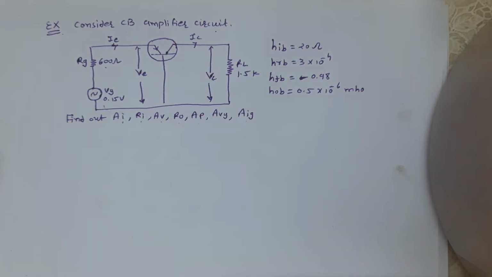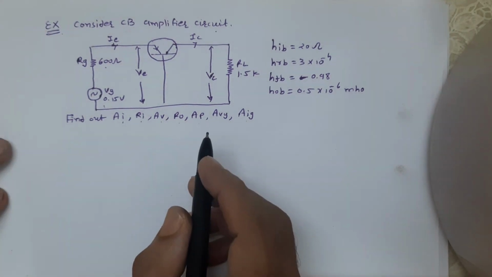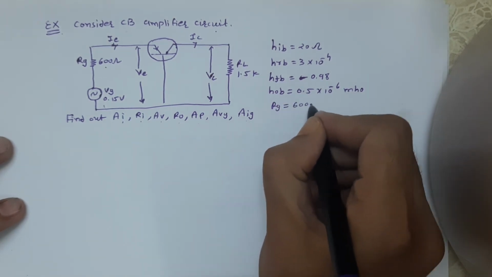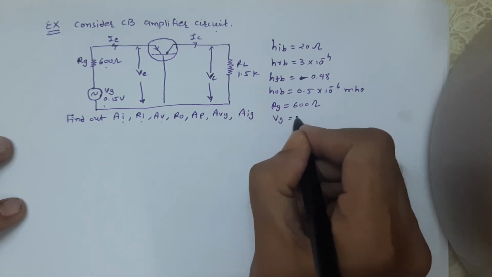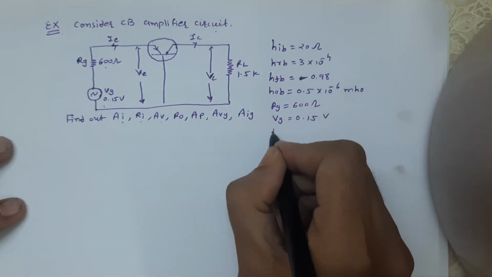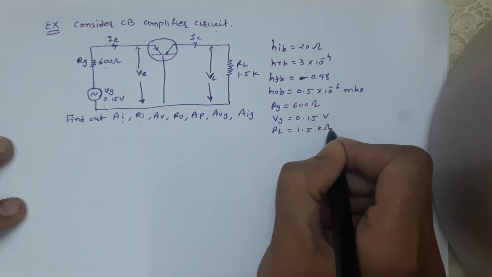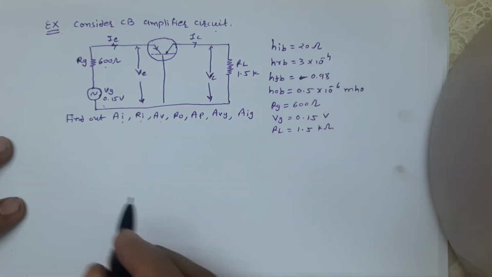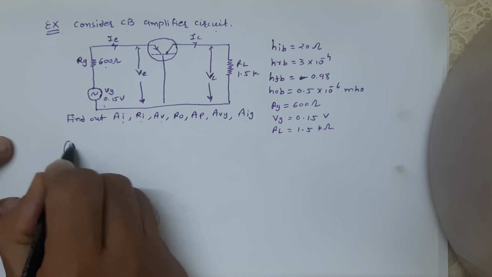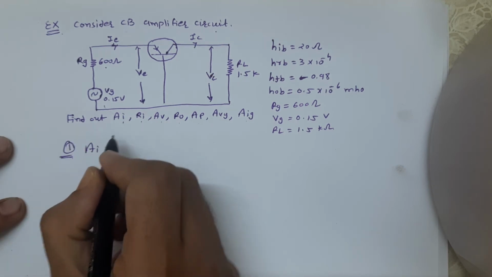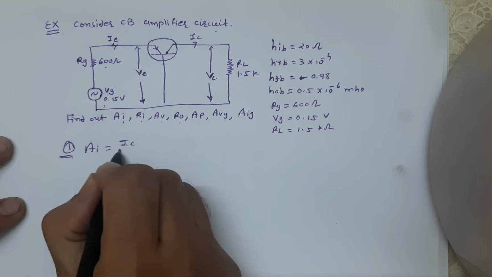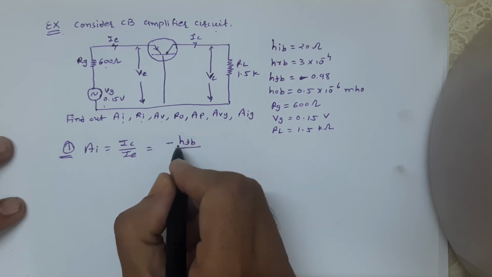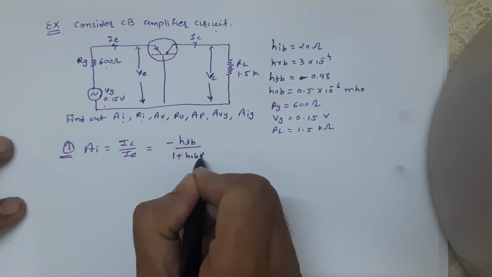How to find this? Here Rg is equal to 600 ohm, Vg is equal to 0.15 volt, RL is equal to 1.5 kilo ohm, and all of these are given here. So first of all we find out AI. Current gain AI is equal to IC upon IE, that is equal to minus HFB upon 1 plus HOB RL.